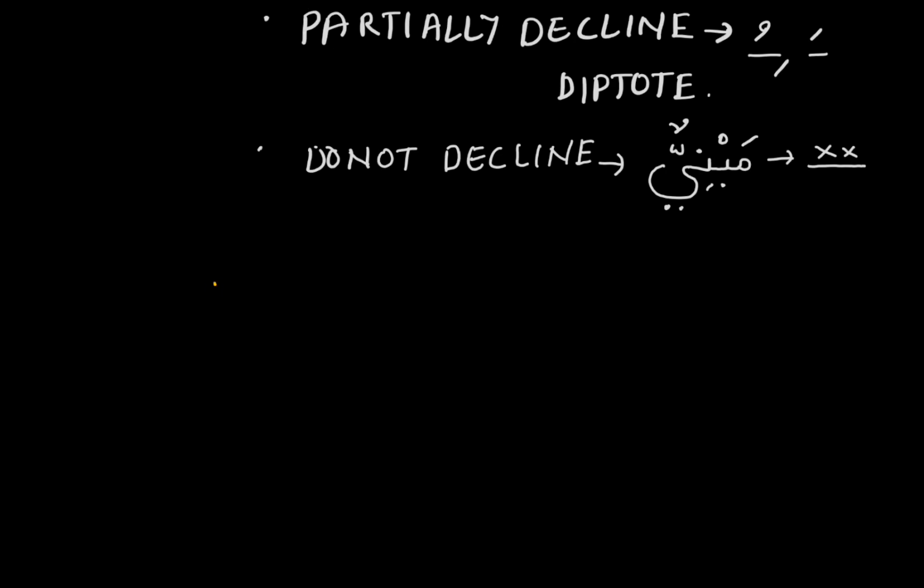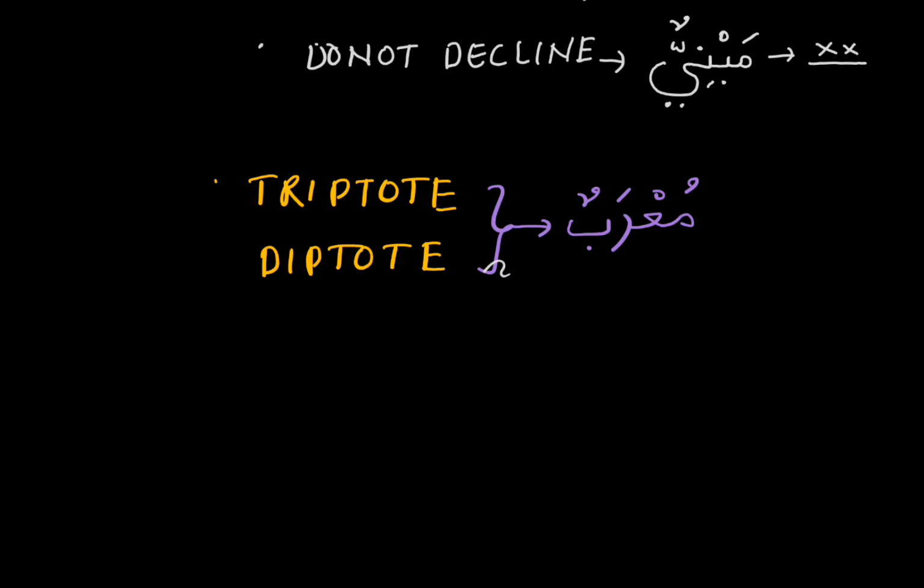Now these triptote nouns and the diptote nouns are grouped under mu'rab. This mu'rab is divided into two types, as we know, that is diptote and triptote.